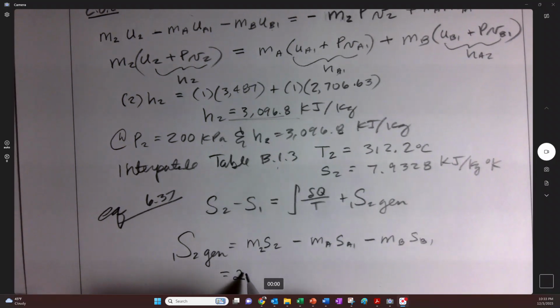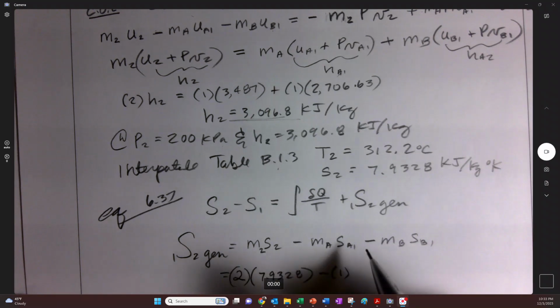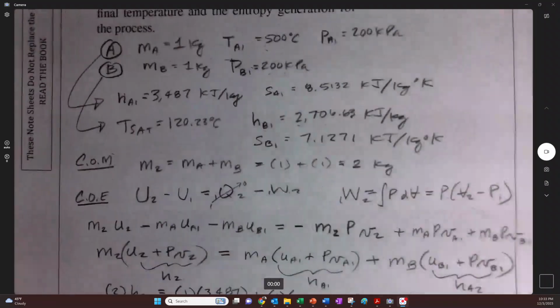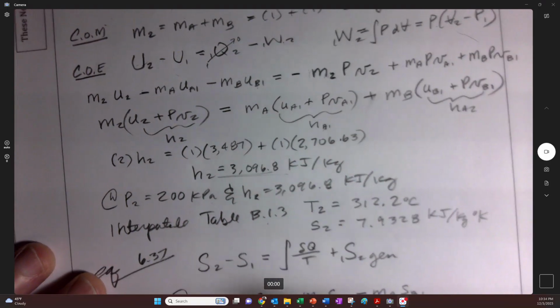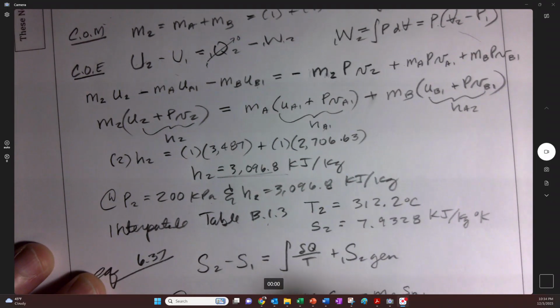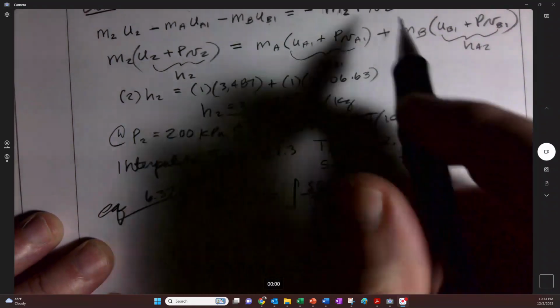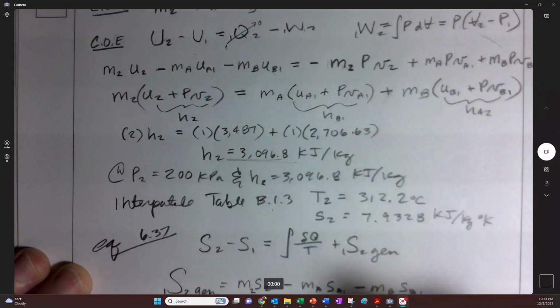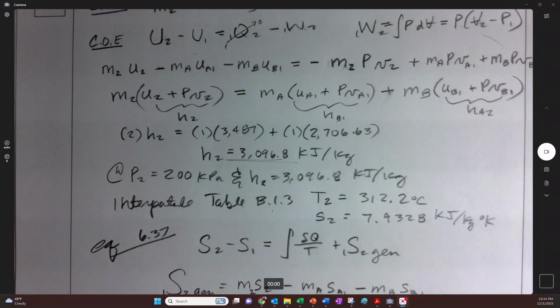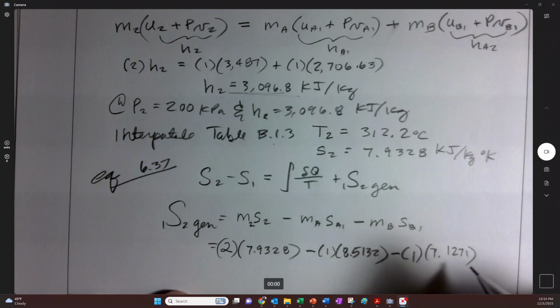So we go 2 times 7.9328 minus 1 times SA1, which, remember, was 8.5132, and then minus 1 times 7.1271.